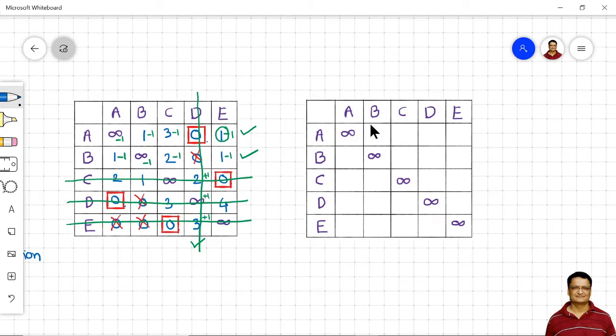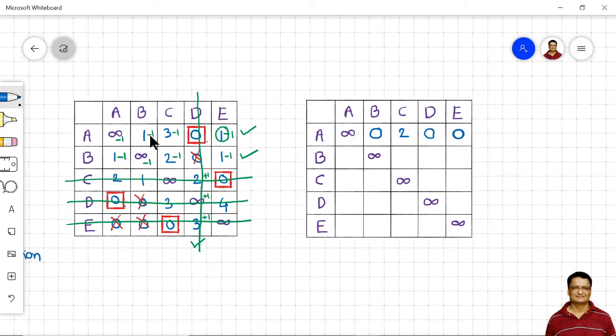Now let us update this matrix. I have put these infinity values beforehand because they are not going to change. So this 1 minus 1 will become 0, 3 minus 1 will become 2, 0 we keep as it is, and 1 minus 1 will become 0.